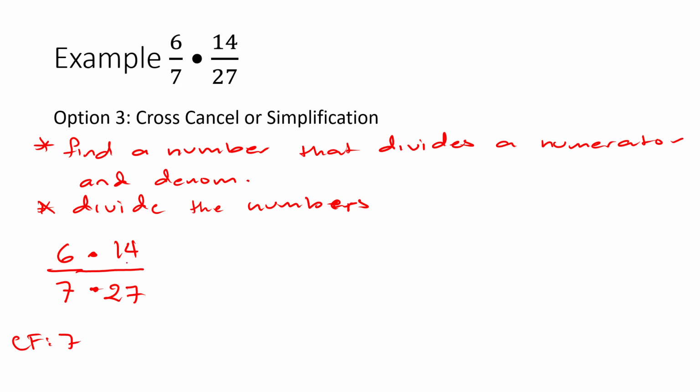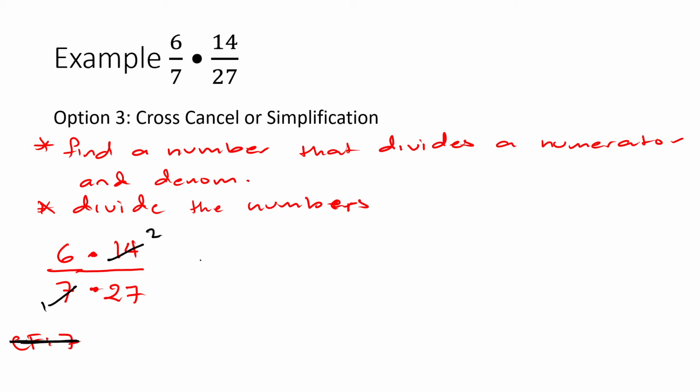And then step 2 is divide the numbers. So let's divide them. 14 divided by 7, let me change pen. 14 divided by 7 is 2. 7 divided by 7 is 1. And that's it. You keep repeating the steps until you can't do it anymore. Now let's try 6 and 27.